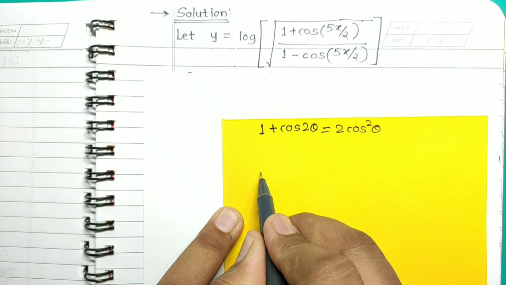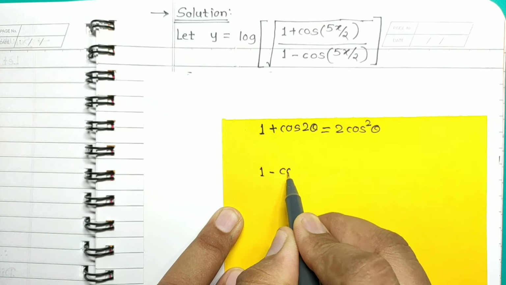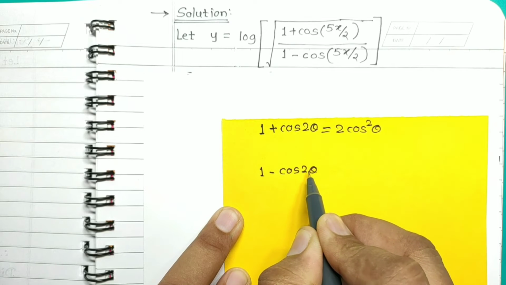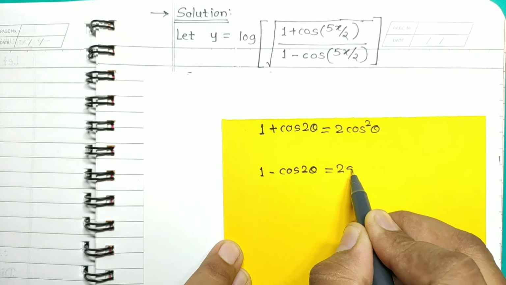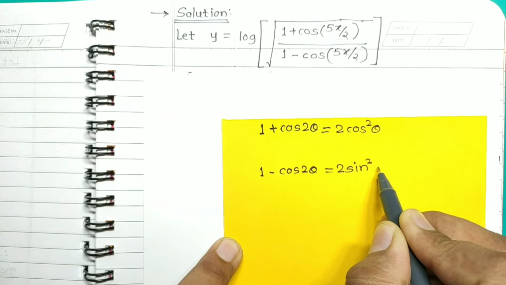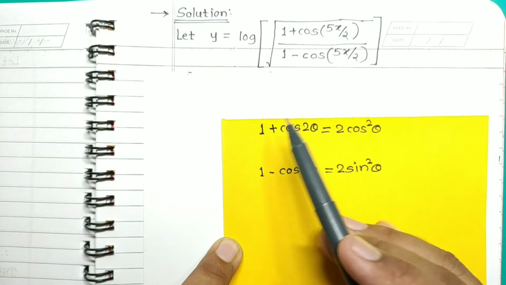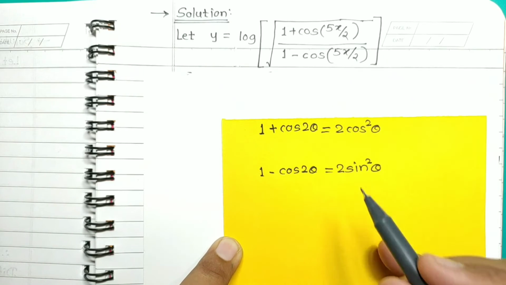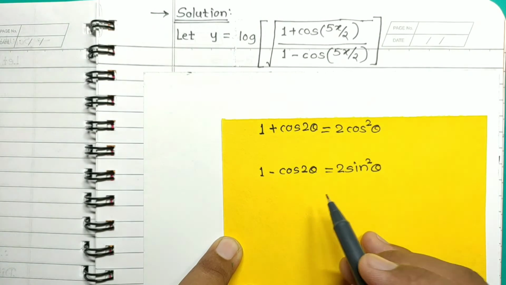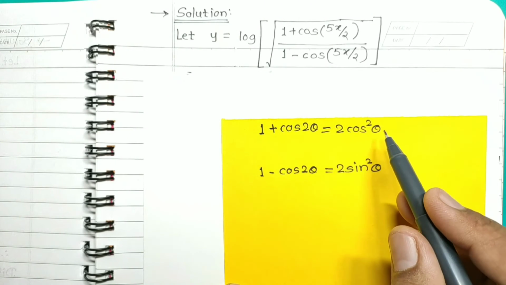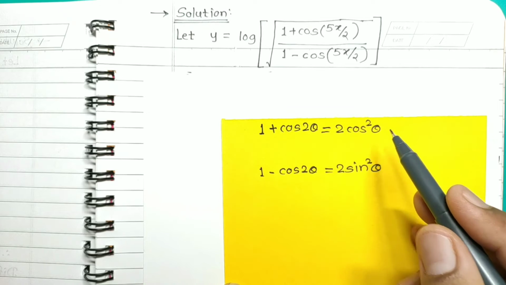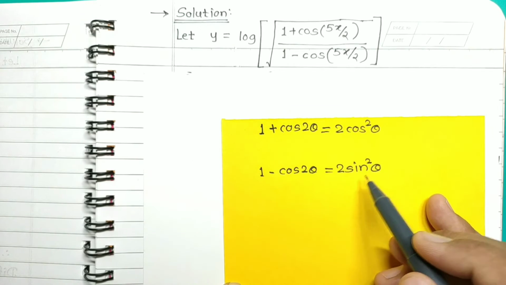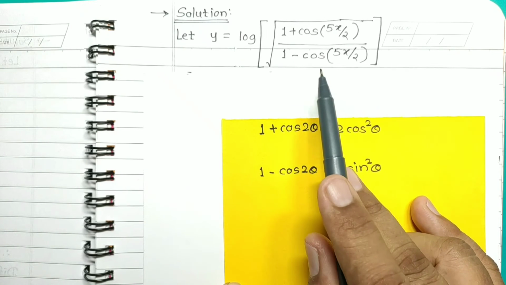And also we have 1 minus cos 2 theta is equal to 2 sine square theta. These two formulas are going to be useful here. So once again, note that only if you have these two formulas in your mind can you recall them to use here.